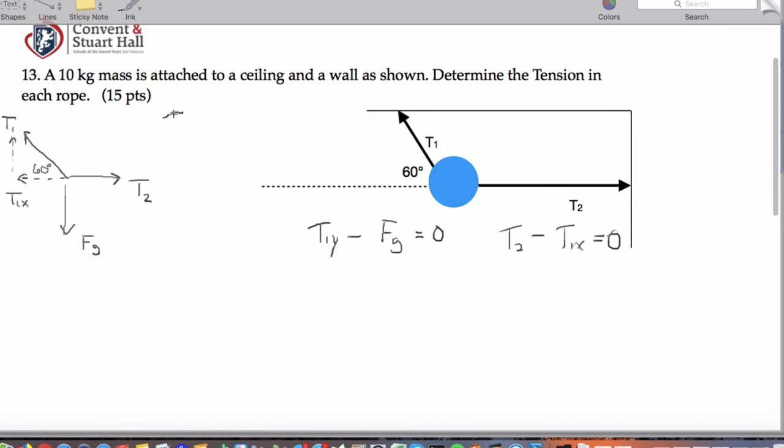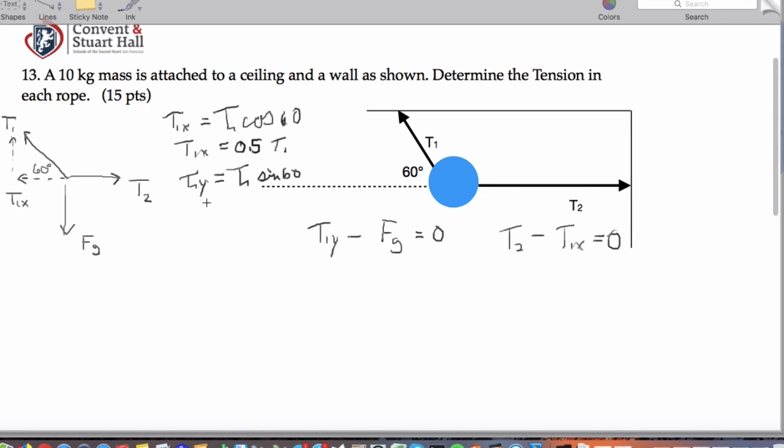So one thing I want to make a note of is that T1x is going to be T1 times the cosine of 60. So T1x ends up being 0.5 times T1. Similarly, T1y is going to equal T1 times the sine of 60.